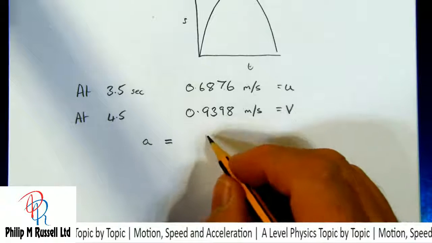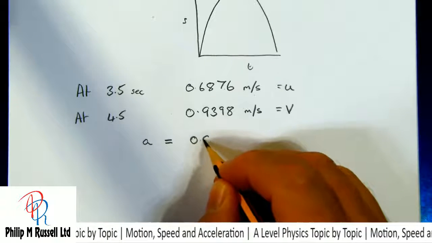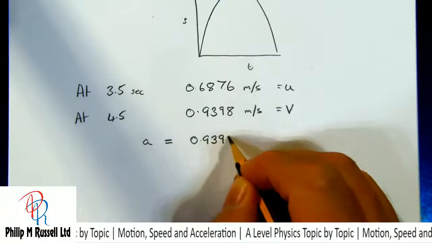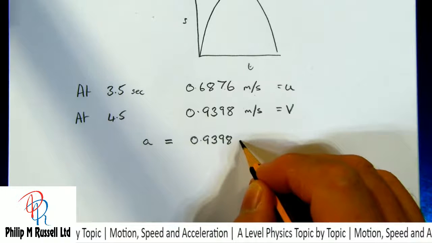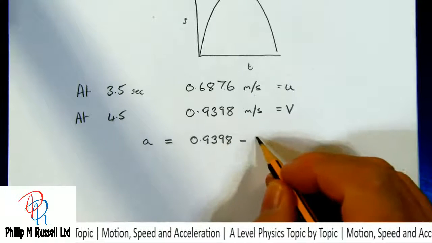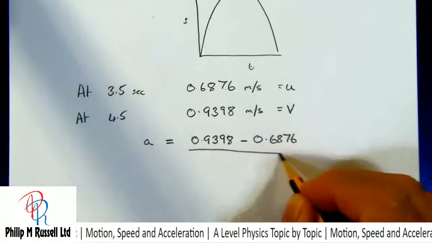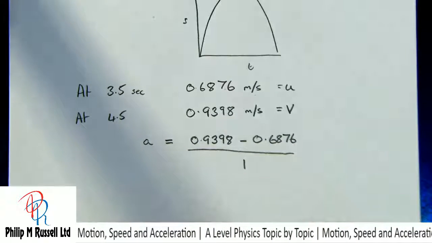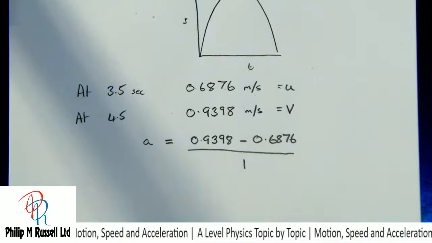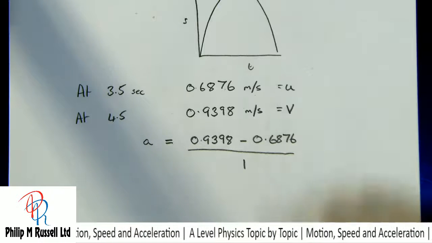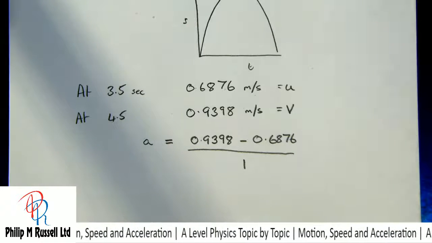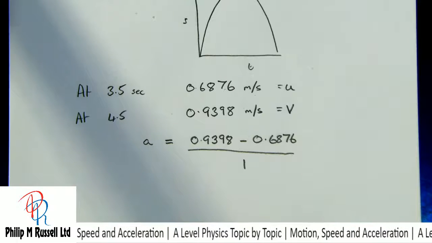The time is 1 second, so I've got 0.9398 minus 0.6876, all divided by 1, so I can ignore my 1, and I can work this out on my calculator.